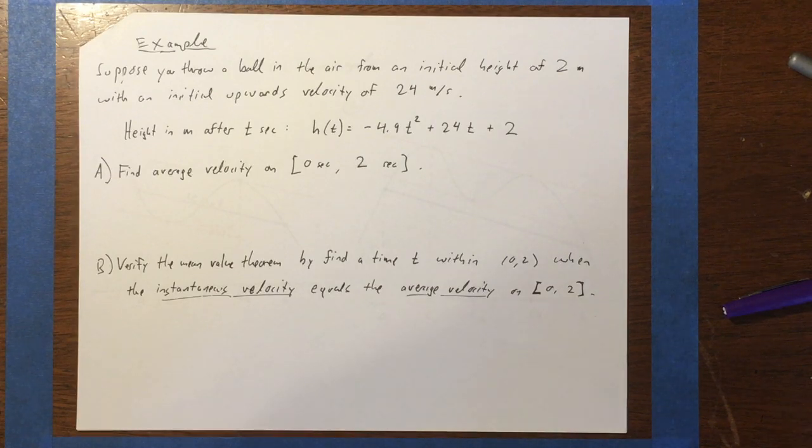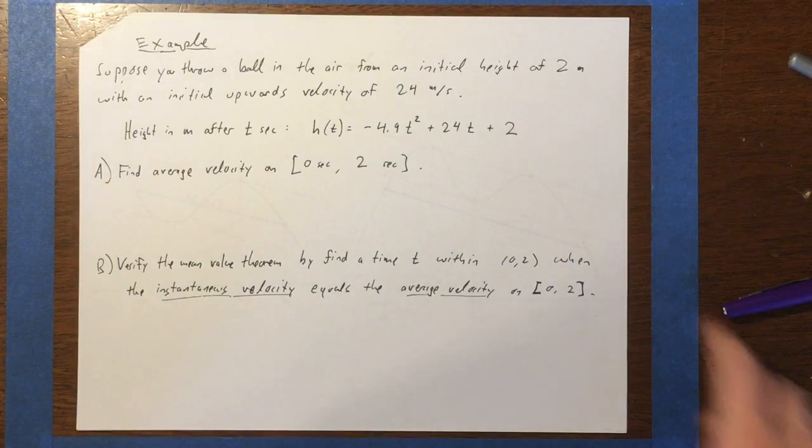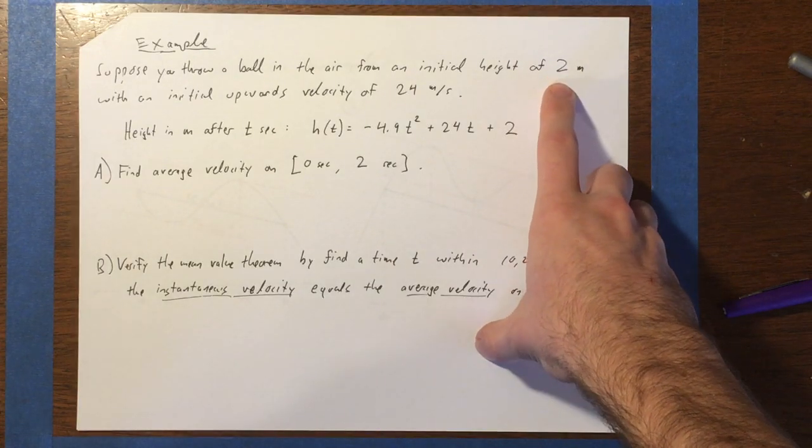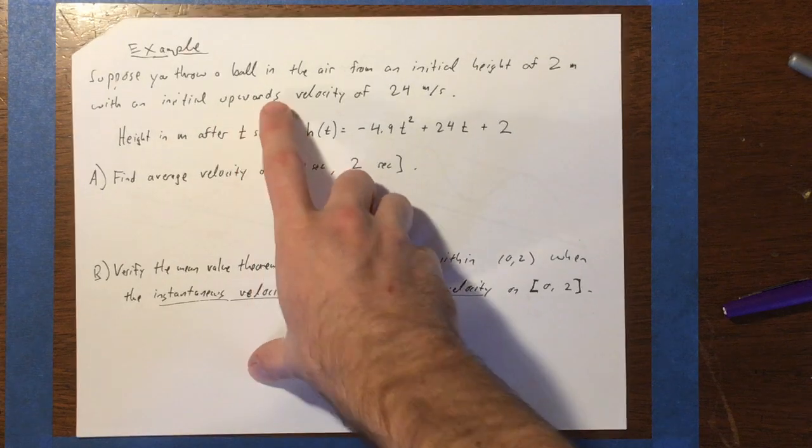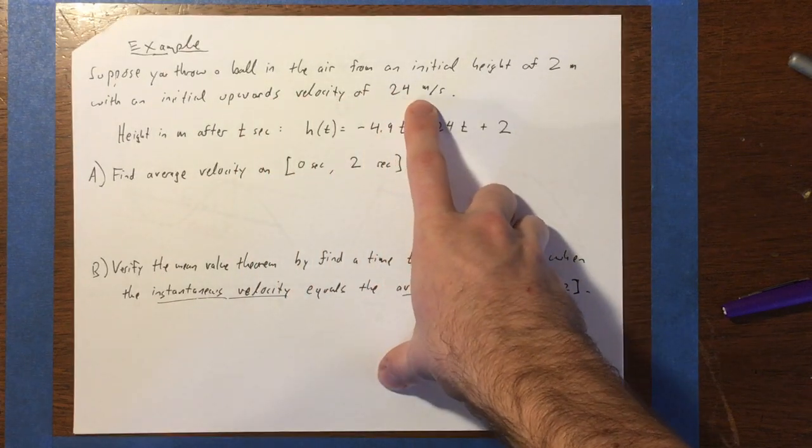So suppose you throw a ball in the air from an initial height of 2 meters and with an initial upwards velocity of 24 meters per second.